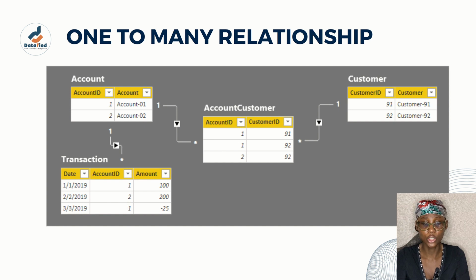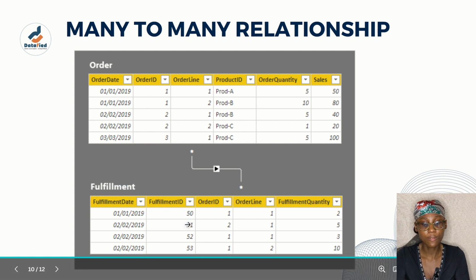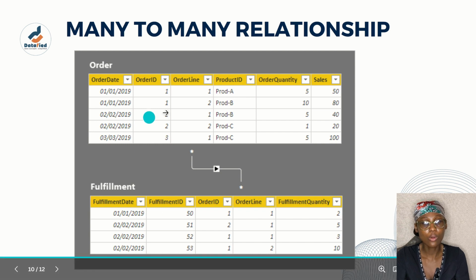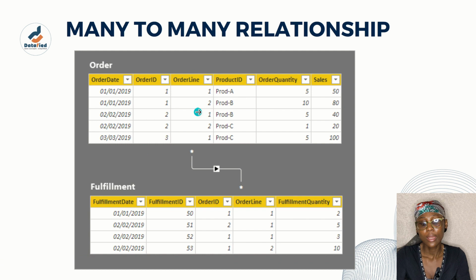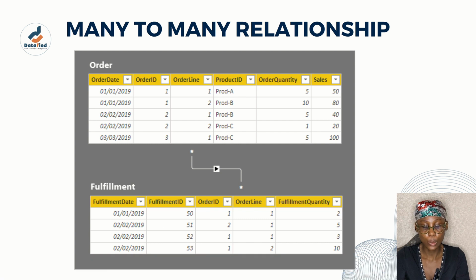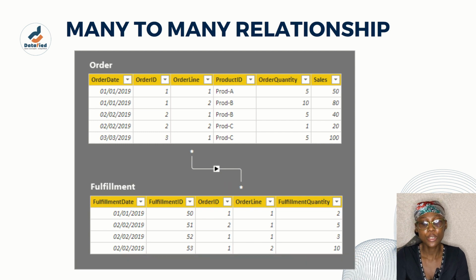Then the last type of relationship is the many-to-many relationship. A many-to-many relationship is formed between two tables when many records from the A table, or the dimension table, are linked to many records in the fact table, or the B table. And most times, as a best practice, the one-to-many relationship is preferred in building your data model.